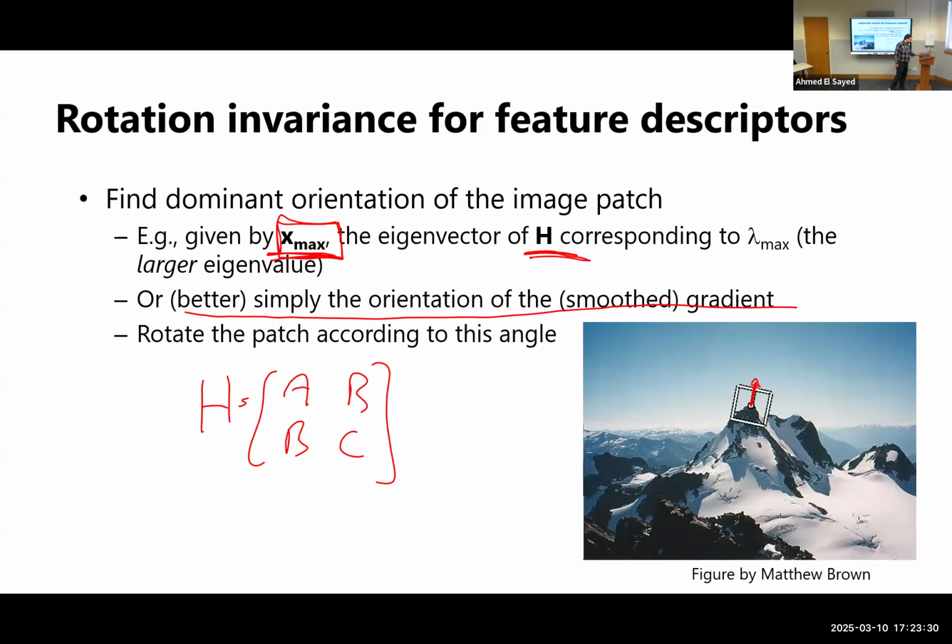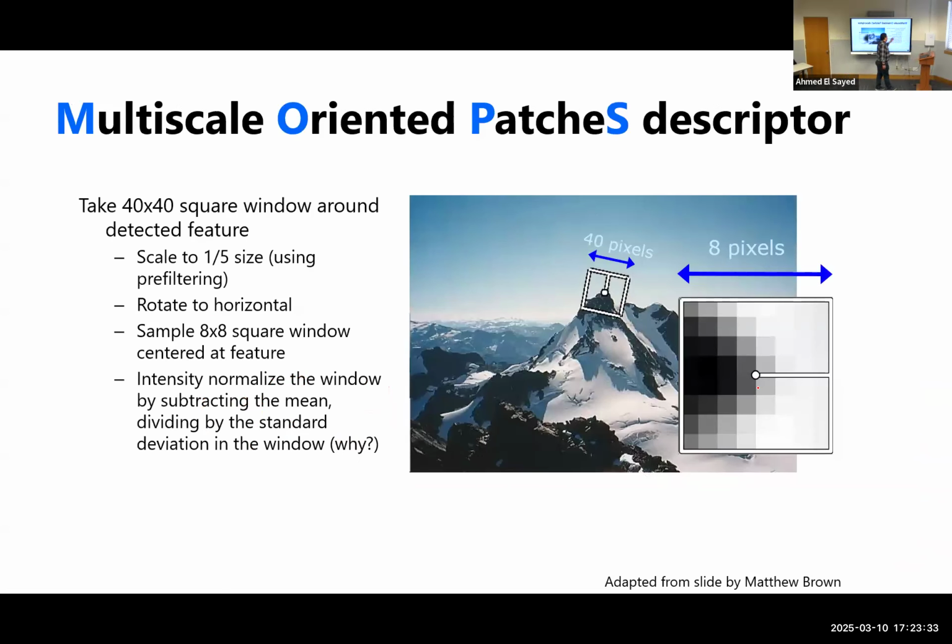Then I will take a 40 by 40 square window around this and normalize it, or rotate it to be at 0 angle. So this direction is rotated this way. So this is the top of the mountain.